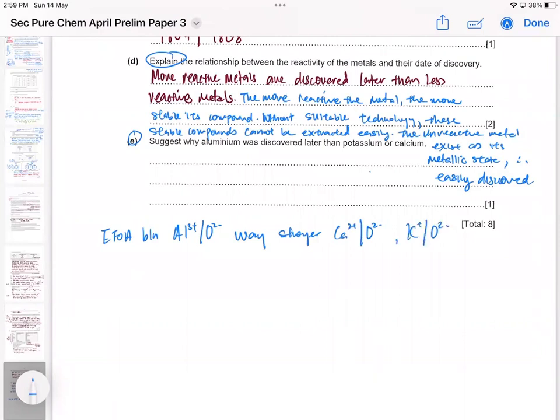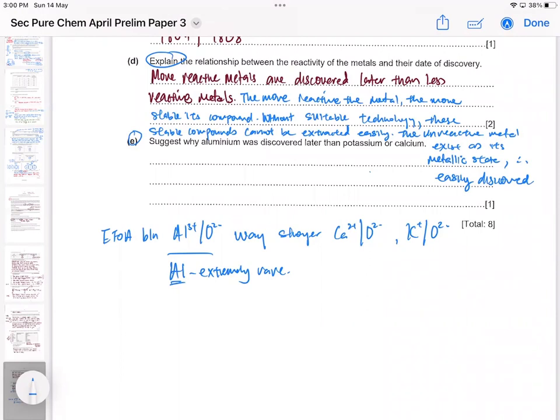Way, way, way stronger than this, which, at that point of time, 1,800 years ago, made aluminum extremely, extremely rare. Now, rare not in the sense that there is very little aluminum in the earth crust. There is a lot of aluminum ore, but the pure aluminum is extremely, extremely rare because of this.